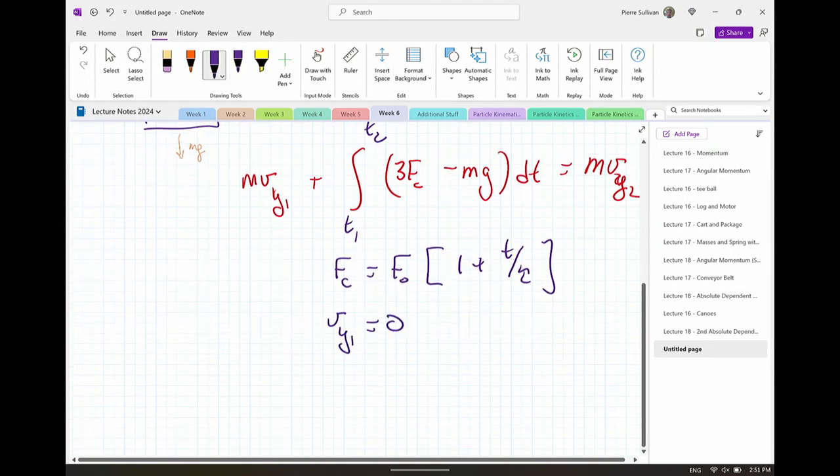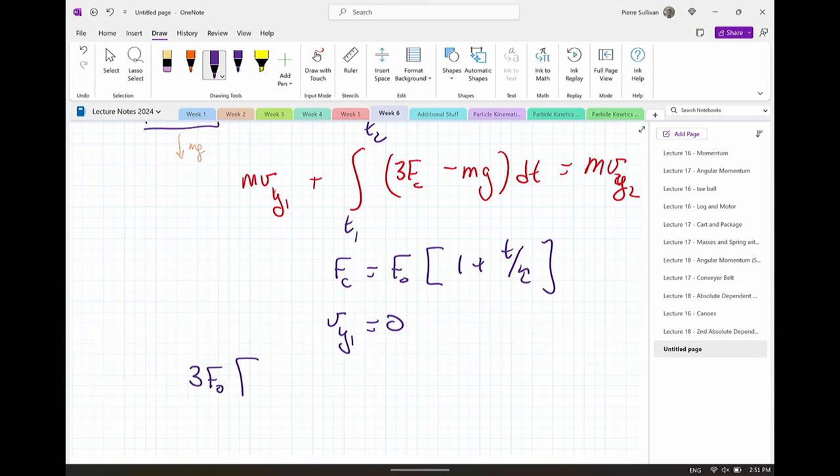Vy1 is equal to 0, and if I solve through for this problem, and recognize that my T1 is equal to 0, I end up with this form right here.